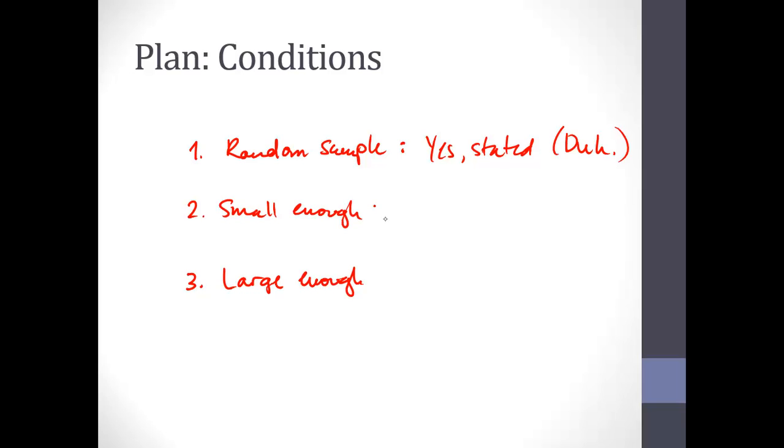All right, so the next question is, is it small enough? And this we just want to make sure that our population is at least 20 times larger than our sample. So we take 20 times n, where my sample size is 36, so 20 times 36 is 720.